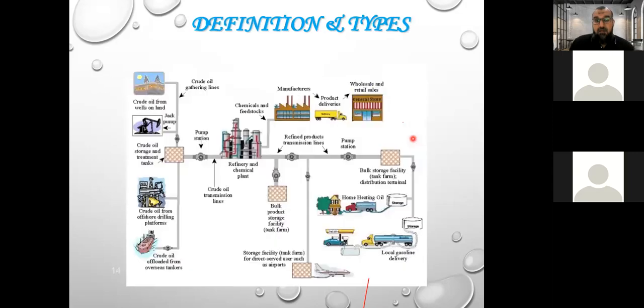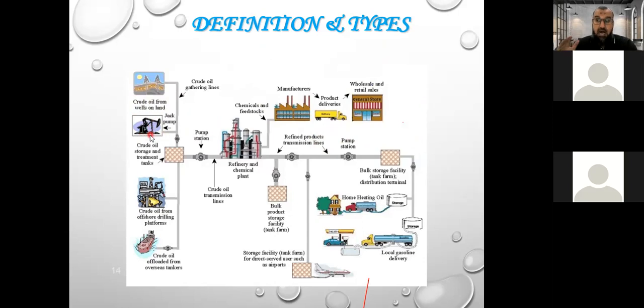So let's continue with some definitions. Okay, this is another picture that shows you the difference between the upstream, midstream, and downstream. If you can see here, this is the upstream area. Crude from the well, this all comes from upstream.